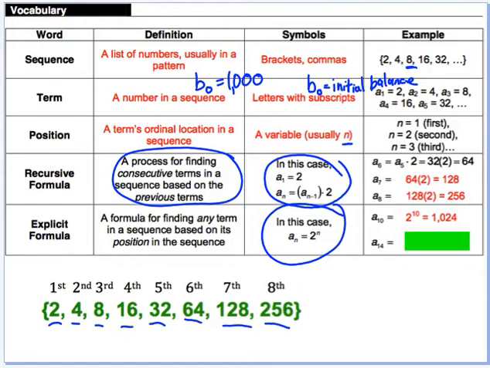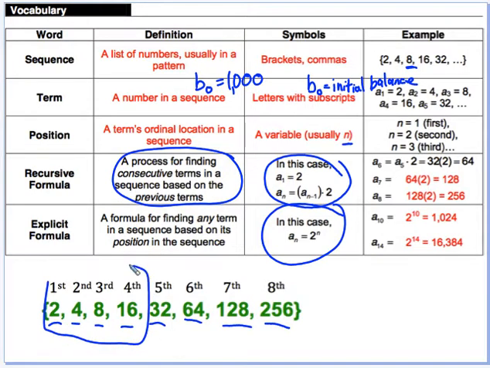I'd have 2 raised to the 10th power, and I'd get 1,024. If I was looking for the 14th term, I would have 2 raised to the 14th power, and I'd get 16,384.